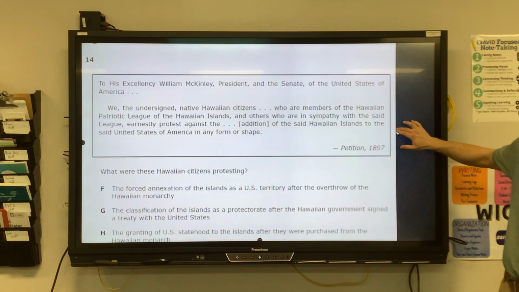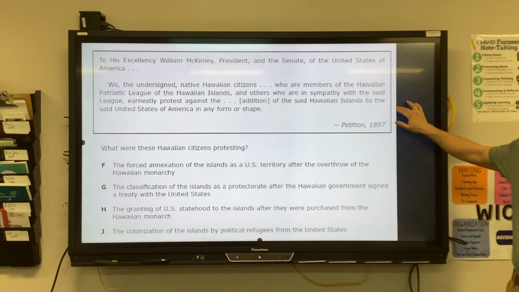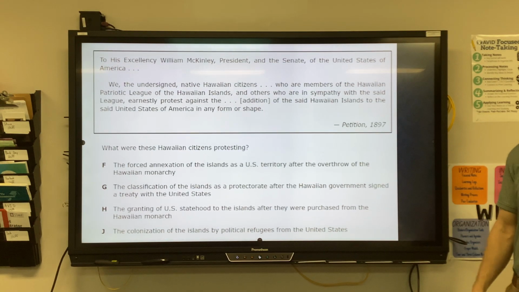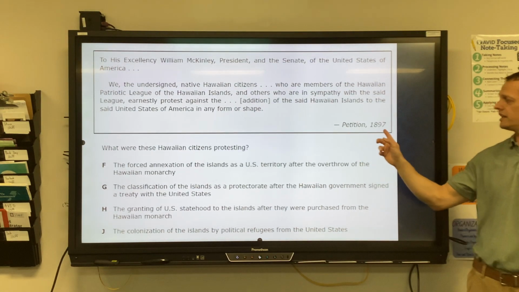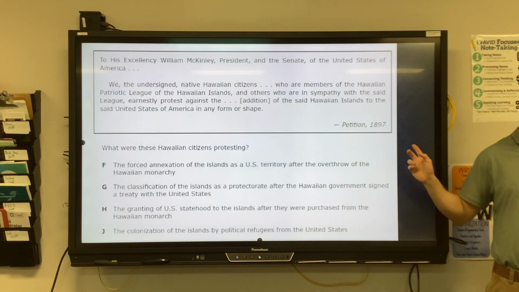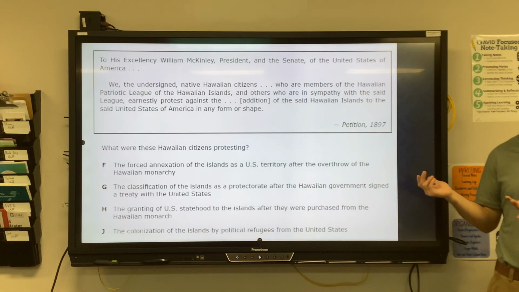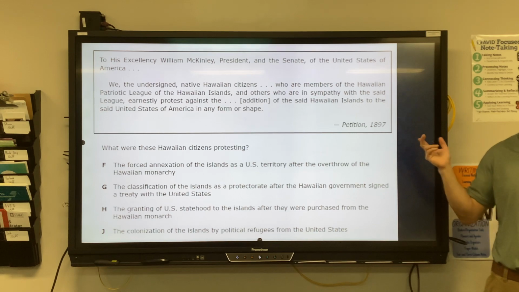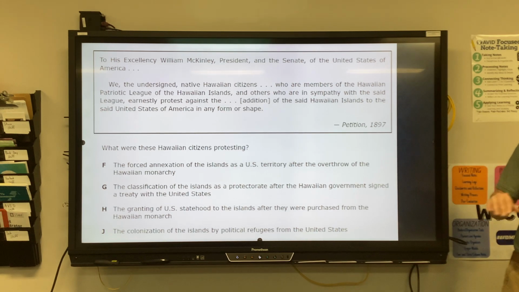Okay, so I'll read it to you guys because it's horrible. Nobody talks like this anymore. But this is a petition from 1897. I remember I said you don't have to know dates, but it would help. If you saw this at the end of the year for STAR, you'd be like, oh, that's the Spanish-American War time, right? It would help, but you don't have to know it.